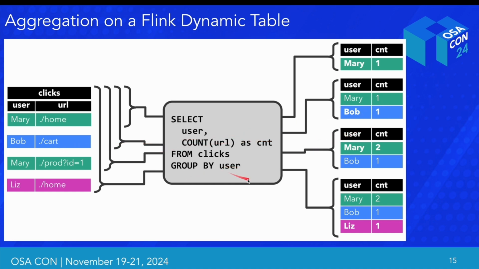And since it's grouped by user and we only want to show the count of URL, the next time when Marie clicks on a new page, the Flink dynamic table updates the Marie record with the count 2. The power of writing such aggregations simply on a stream makes Flink so impactful.